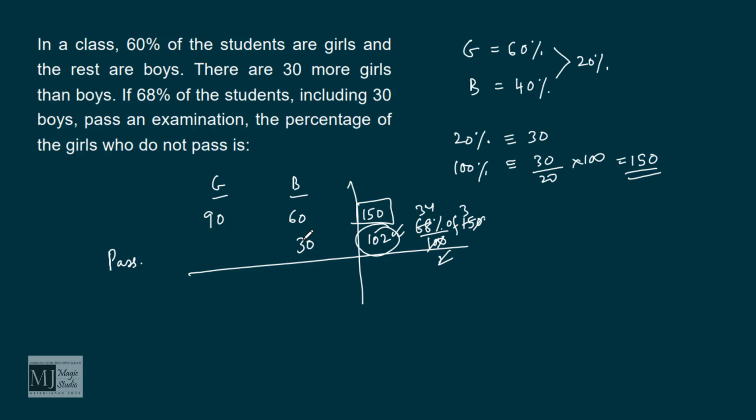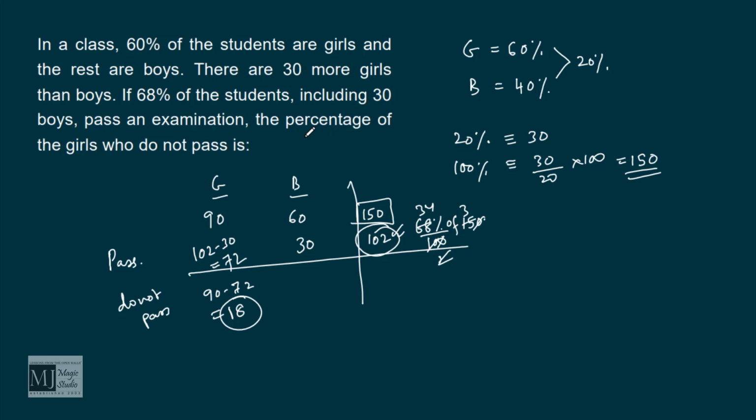Okay, so these people have passed the examination, 102, which includes 30 boys. So the number of girls who passed should be 102 minus 30, that is 72. So only girls who did not pass are 90 minus 72, that is 18.